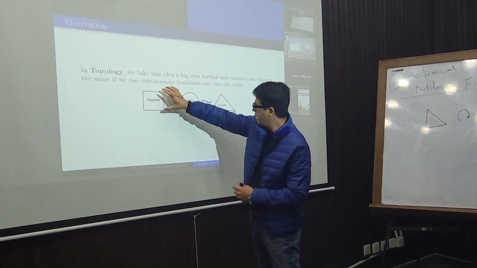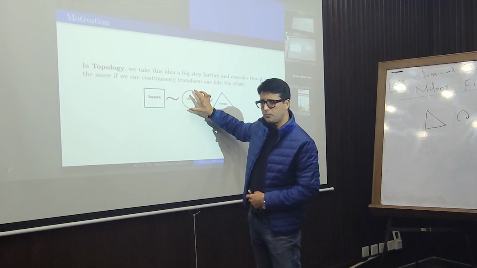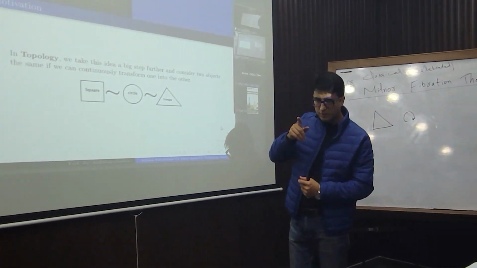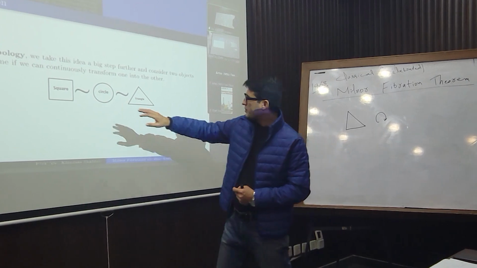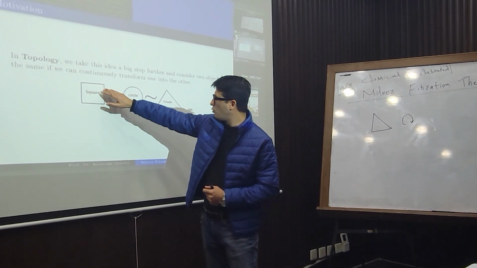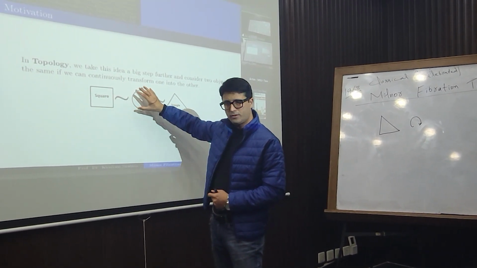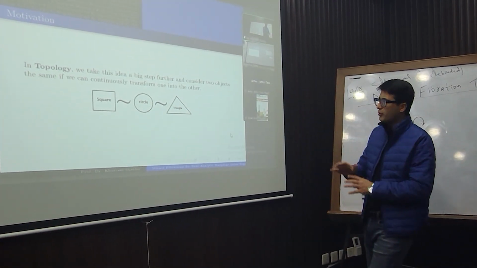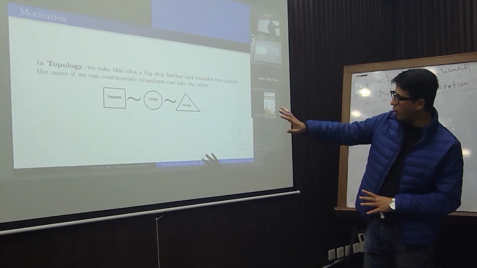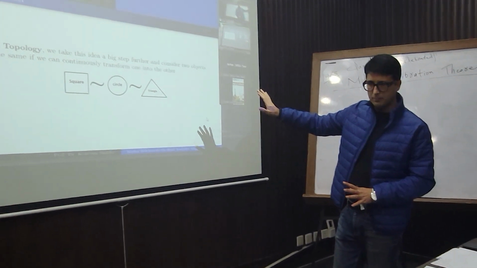So you can move from this picture to this picture without disturbing the continuity, without cutting it. We start from the square, you can move continuously from the square to the circle, and then the triangle, and then many other pictures. So in this geometry, all these objects are the same.